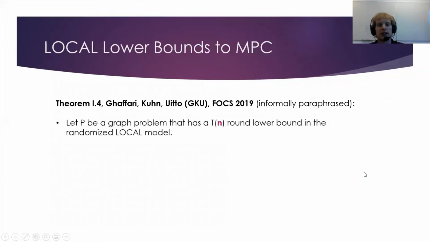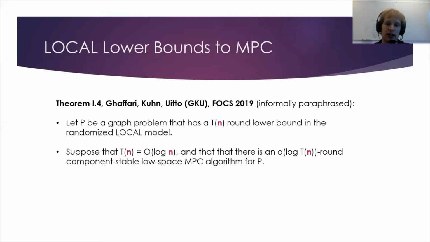We have some graph problem P that we're trying to solve. Assume that we have a T(n) lower bound in randomized LOCAL, and in fact using shared randomness, but that's not going to be important to us here. And we need that this T is at most logarithmic, but that's the case for most local lower bounds.